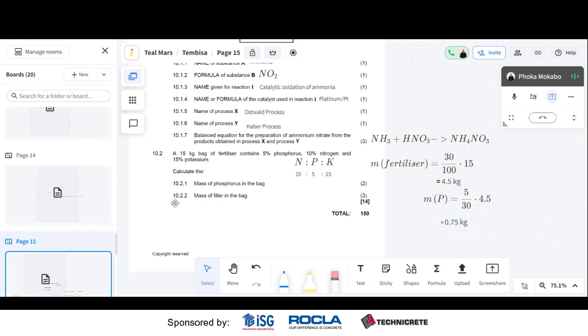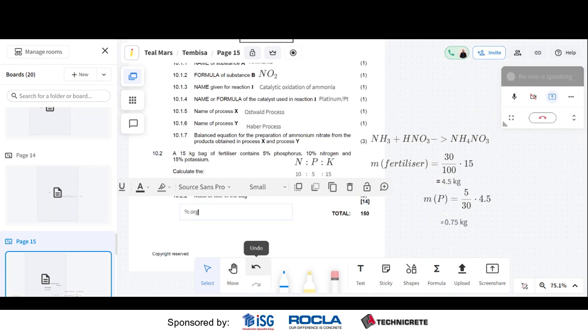Now, 10.2.2, the mass of the filler in the bag. We'd already found that the percentage of nutrients is 30%.